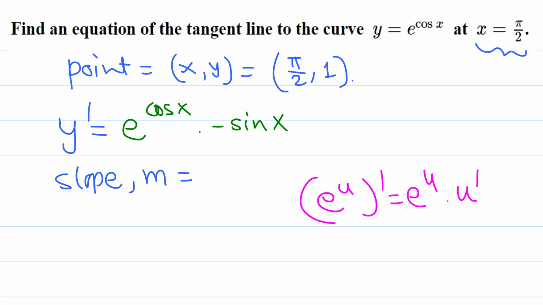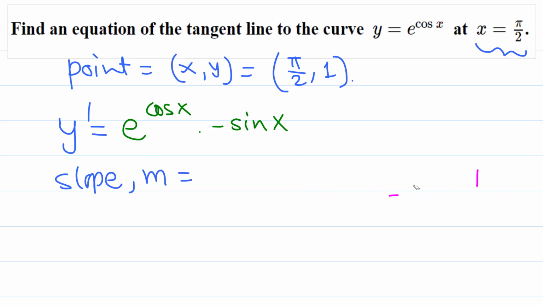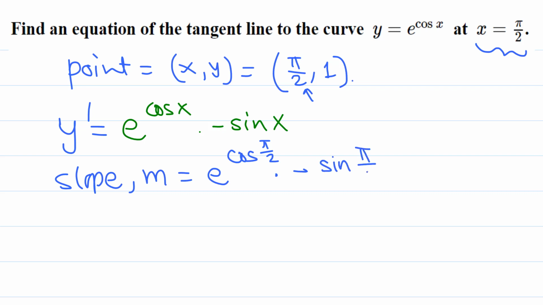So slope m equals e raised to cosine pi over 2 times minus sine pi over 2.